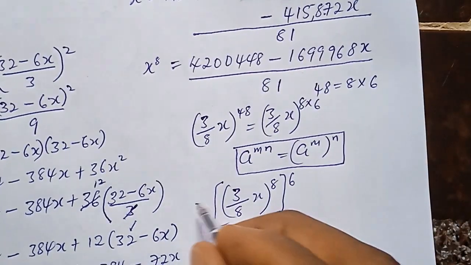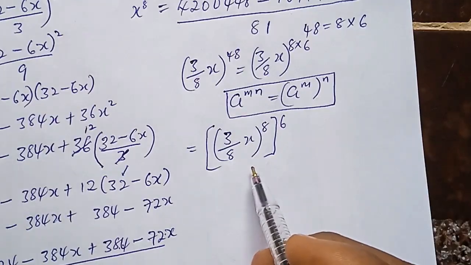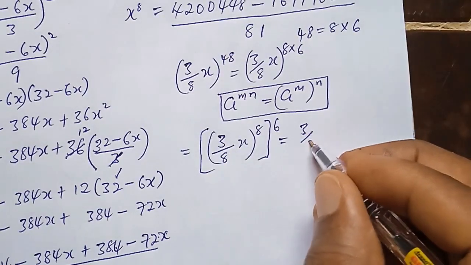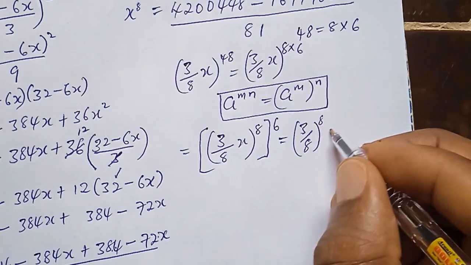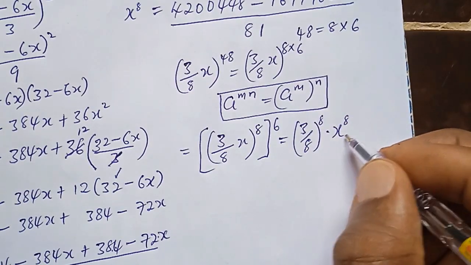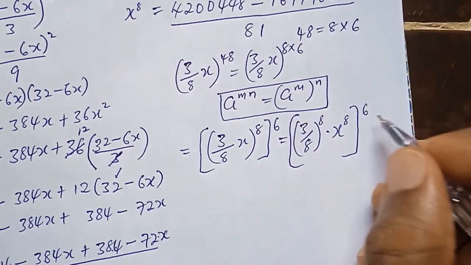So that's what this will become. Okay, so this is what we have here. And this becomes 3 over 8 into brackets raised to power 8 multiplied by x raised to power 8 all into brackets power 6.